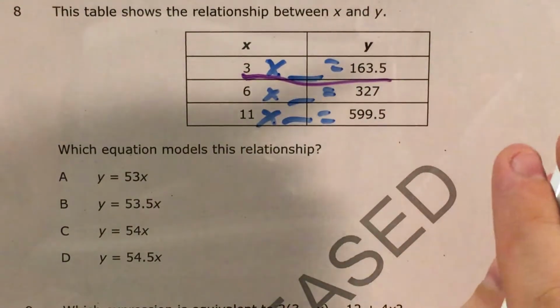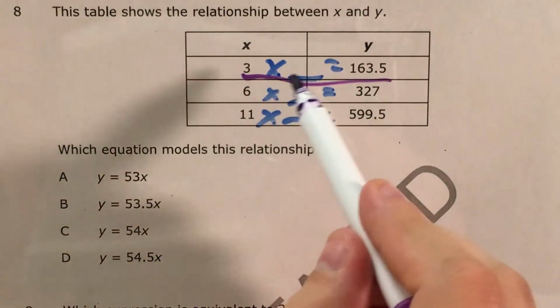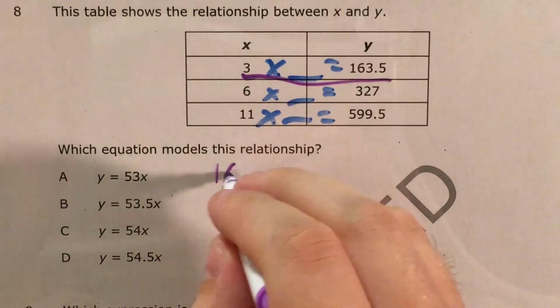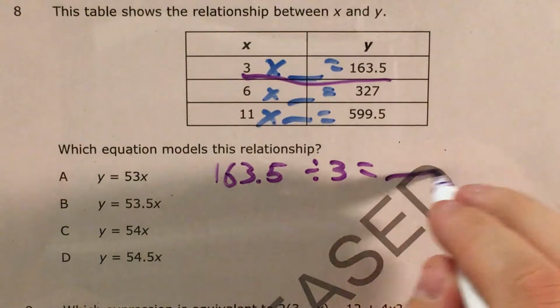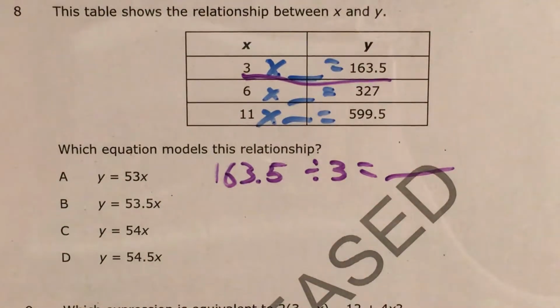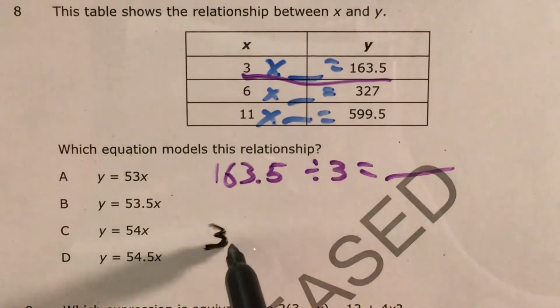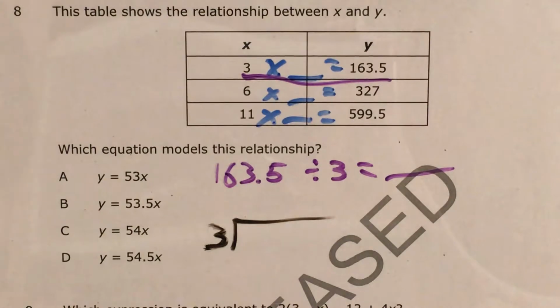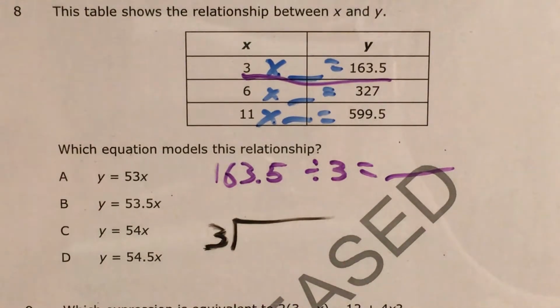So now I think it would be best if I use fact families to flip that around and say that if 3 times something equals 163.5, then I also know that 163.5 divided by 3 is going to give me this unknown number. So at this point, I'm going to have to set this up as a long division problem. And if there's another way that you know how to do long division, try your method to try this problem out. You should get the same answer.